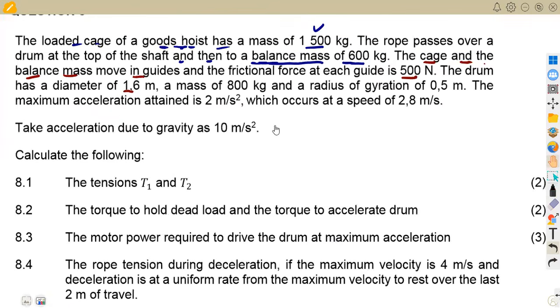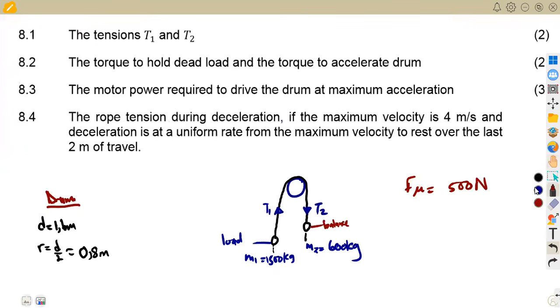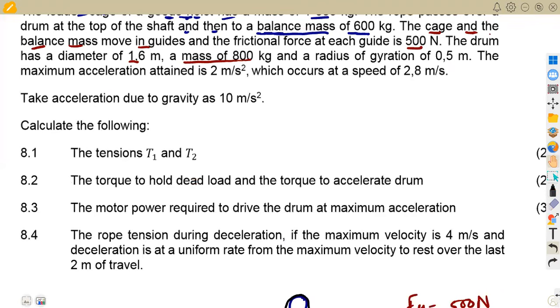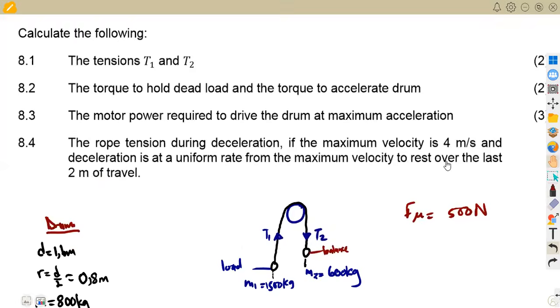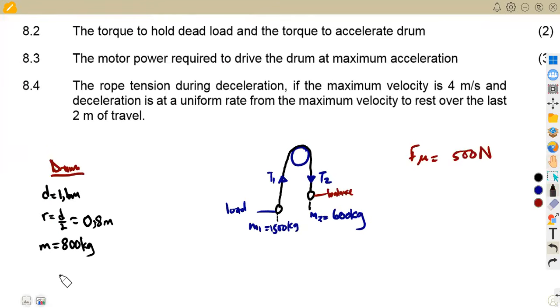We are also given the mass of the drum, which is 800 kgs, and the radius of gyration, which is 0.5 meters. So K is given as 0.5 meters.